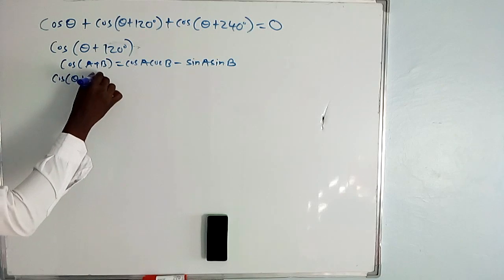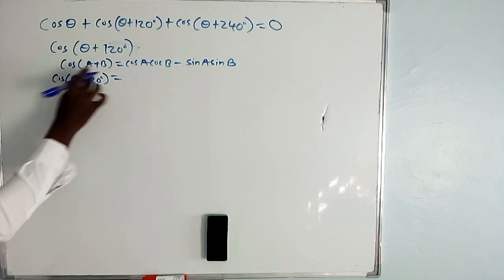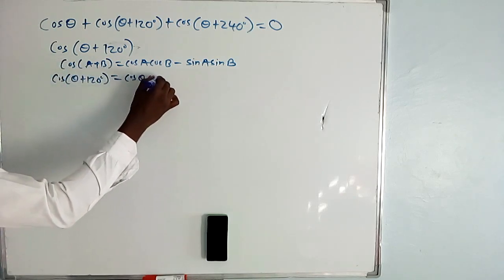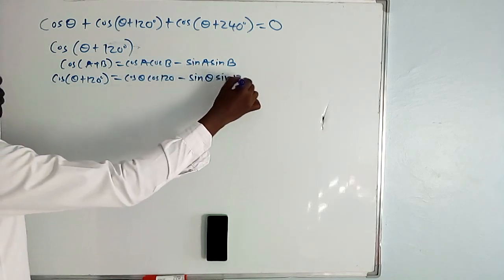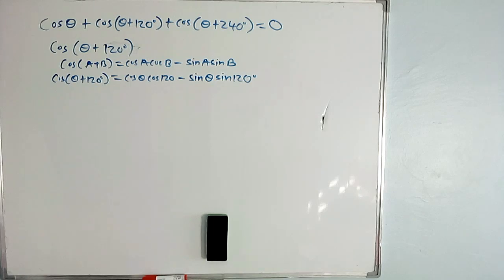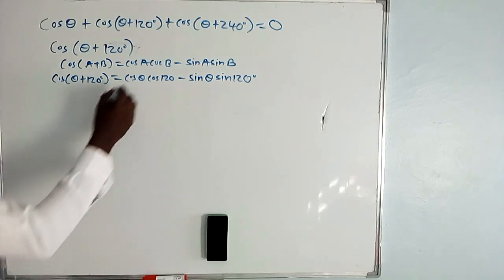So it means cos(theta plus 120) is cos theta cos 120, then minus sin theta sin 120.